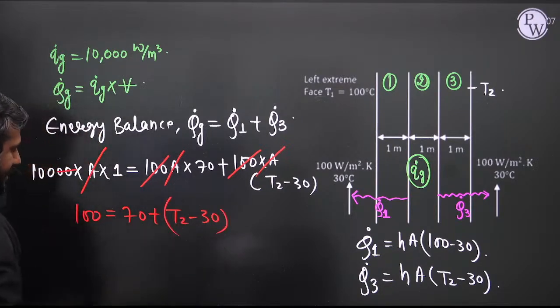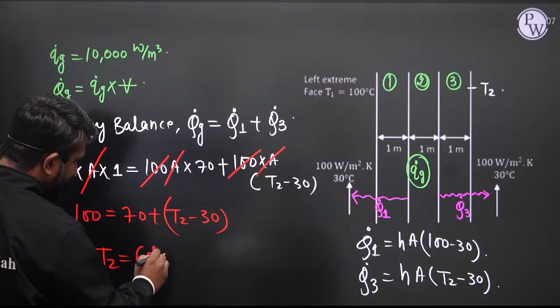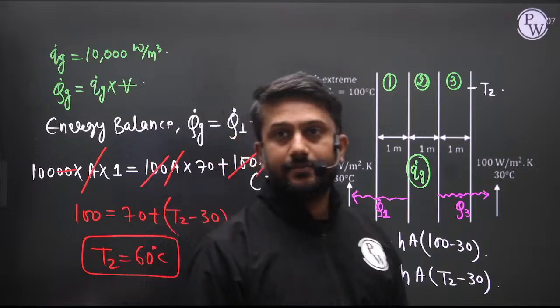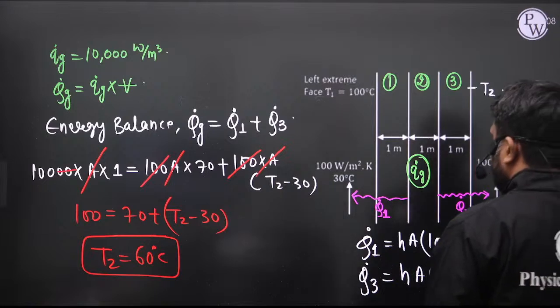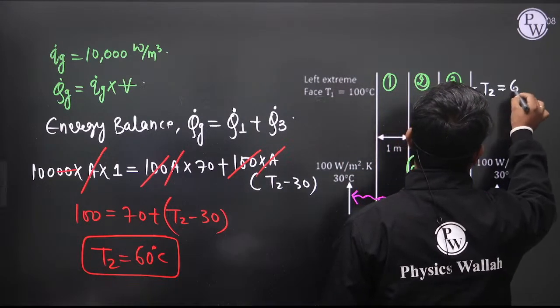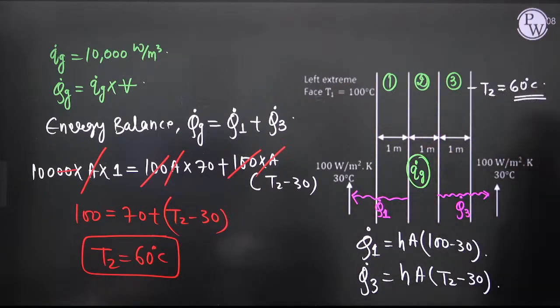Then 100 minus 70 is 30, so the T2 value is 60 degrees Celsius. Now tell me, is everyone getting this? T2 value is 60 degrees Celsius.